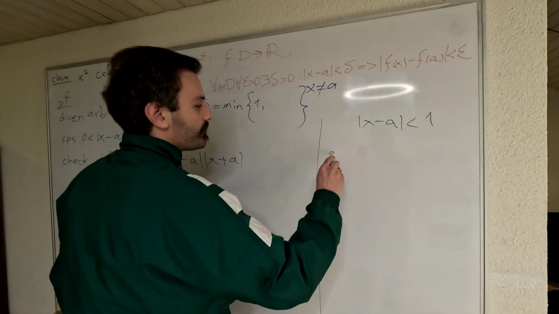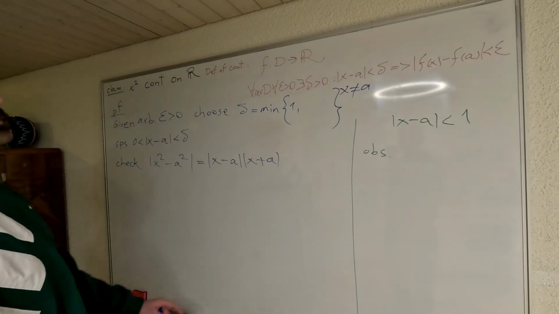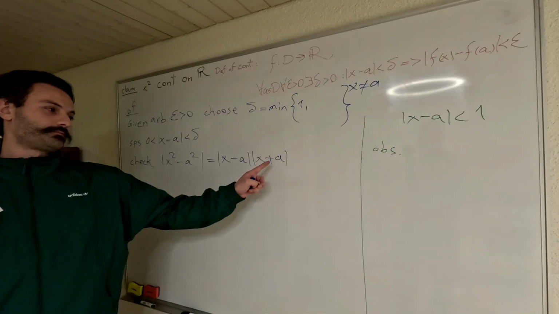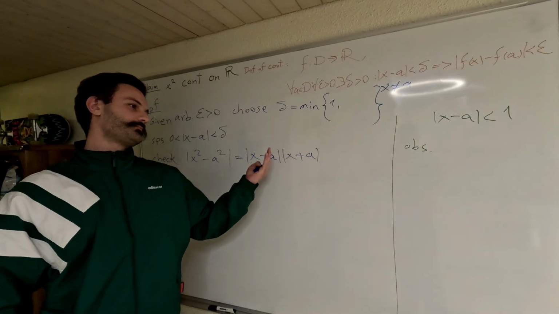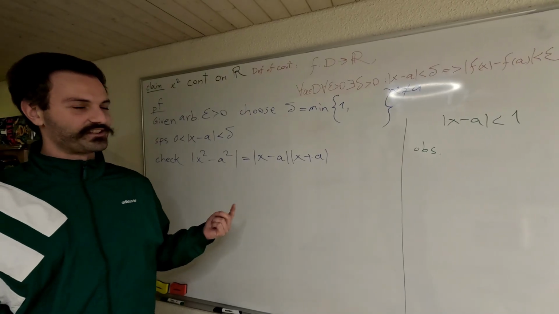let's make an observation, and that is okay, we estimated x minus a, and now we need to estimate x plus a. And if we compare them together, we see that their difference is actually 2a.